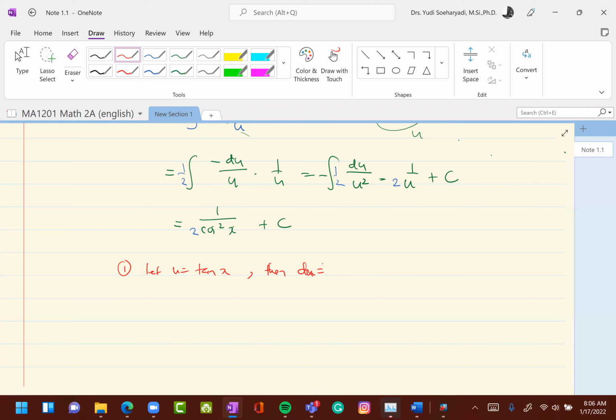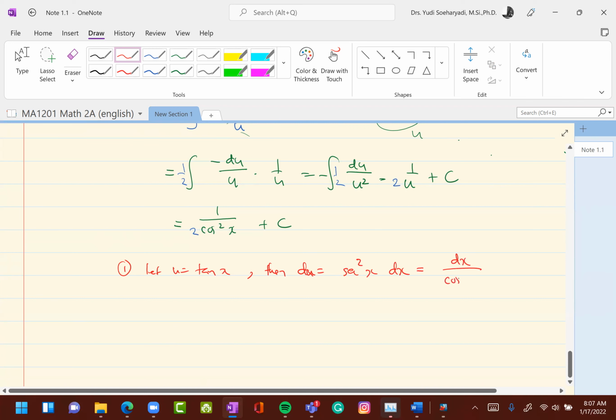Derivative of tangent? Yes. That's secant square x. What is secant? Secant is 1 over cosine. So you can say this is, right.